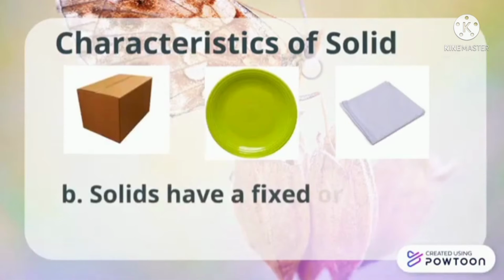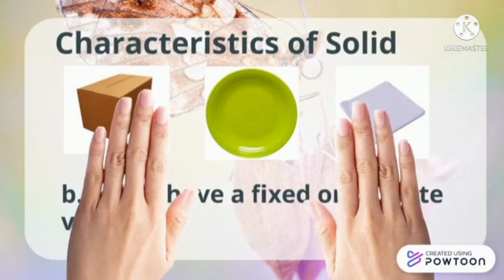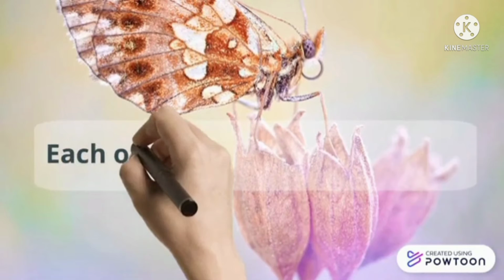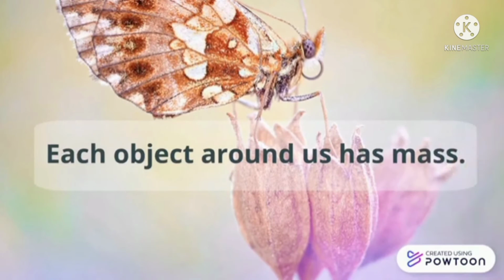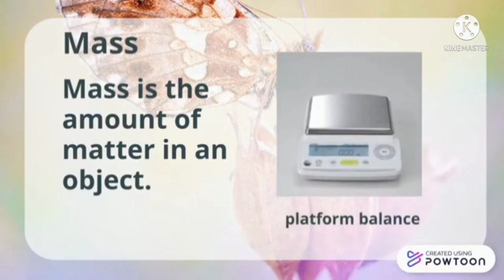Also, solid has a fixed or definite volume. So, solids do not change their size when transferred into a smaller or bigger space. Each object around us has mass. Mass is the amount of matter in an object.